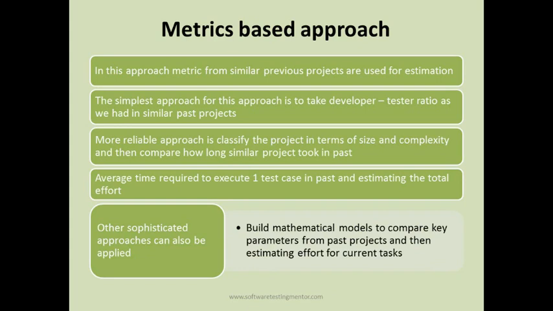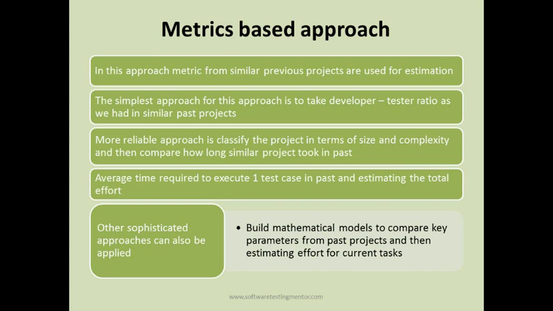For example, you can build a mathematical model to compare key parameters from past projects and then estimate the effort for current tasks. For example, how many test cases were documented in previous similar projects? What time did it take to execute 100 test cases in the previous project? Similarly, you build the model based on the complexity of the test cases, how much time it took, how many defects were raised per 100 test cases, and how much time was required to fix those defects and retest them.